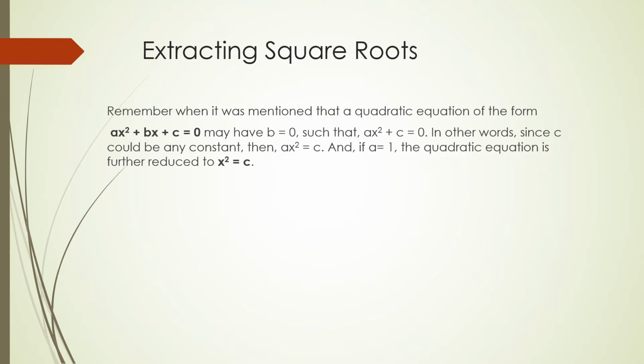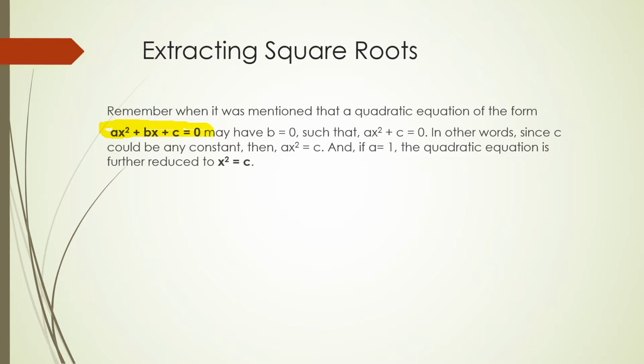So, if you're going to remember our first topic, it was illustrated that the ax squared plus bx plus c is the standard form of the quadratic equation. Now, possible na magkaroon tayo ng b, which is the b is equal to 0.